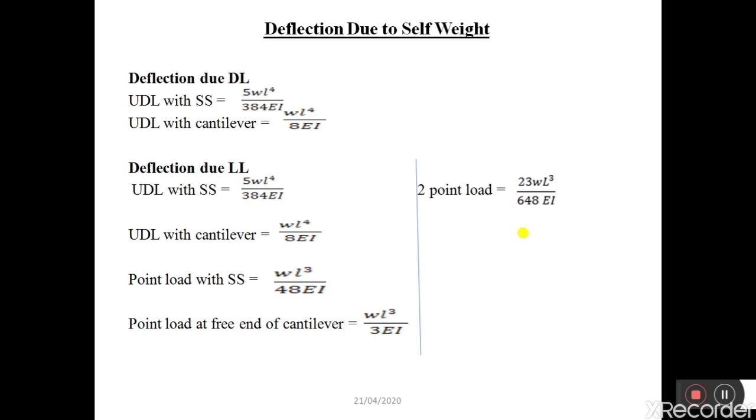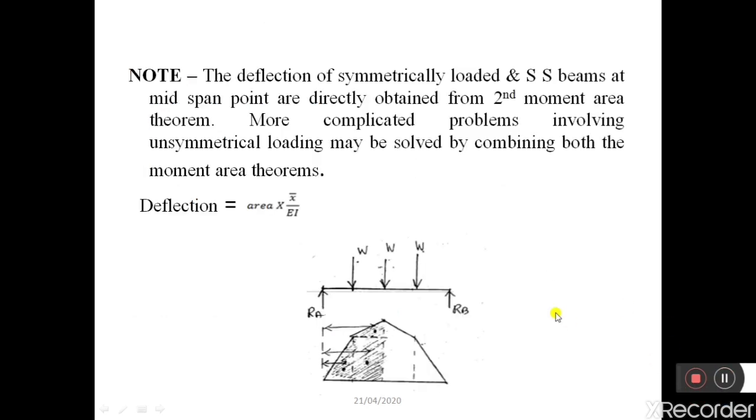So here the most important thing to remember is the equations or formulas of deflection due to prestress, the equations or formulas due to dead load, and equations or formulas due to live load. So these are the equations which you should remember. So note, till now I told you the different formulas which are used for the calculation of deflection.